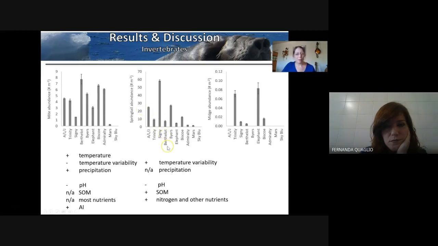Springtail abundance, like bacterial diversity, was positively associated with temperature variability, suggesting that they are more robust against cold temperatures and comparatively less sensitive to precipitation. But in comparison, mites are less robust to temperature variability and cold temperatures and prefer consistently wetter conditions. But it's not just about climate, also soil habitat.